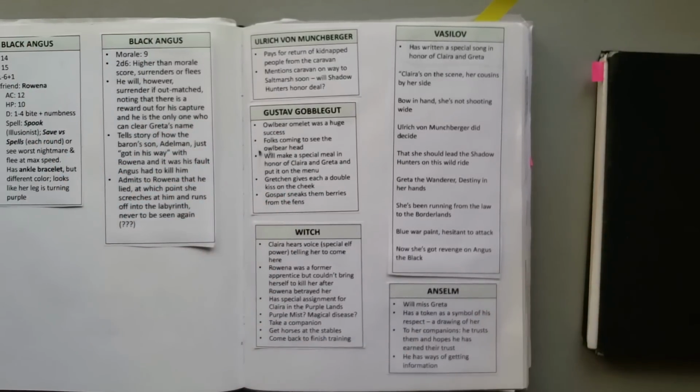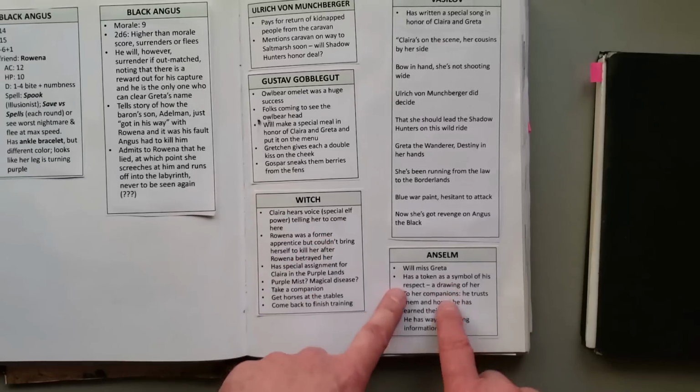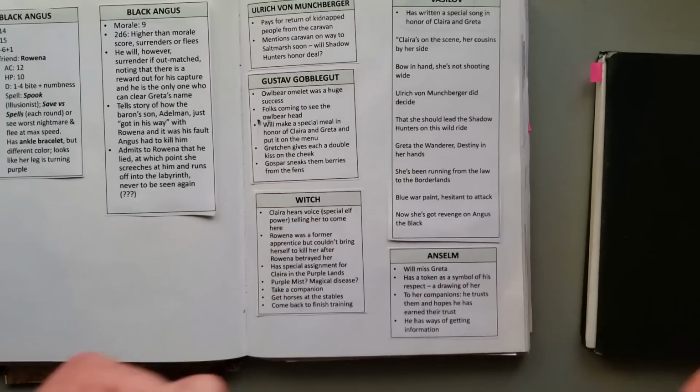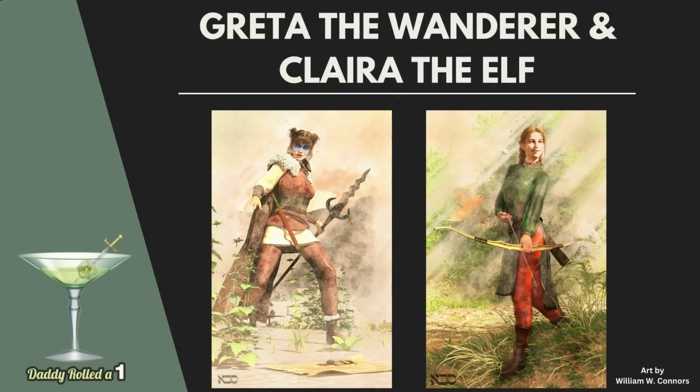But I had him give her a painting that he had made of her, a drawing. And I got that because another friend of mine on Twitter, his name's William W. Connors. He's actually a former game designer for TSR back in the late 80s and through the mid 90s. He did a lot of Ravenloft stuff, a lot of other things, did one of the Gazetteers. And so he's an artist now.